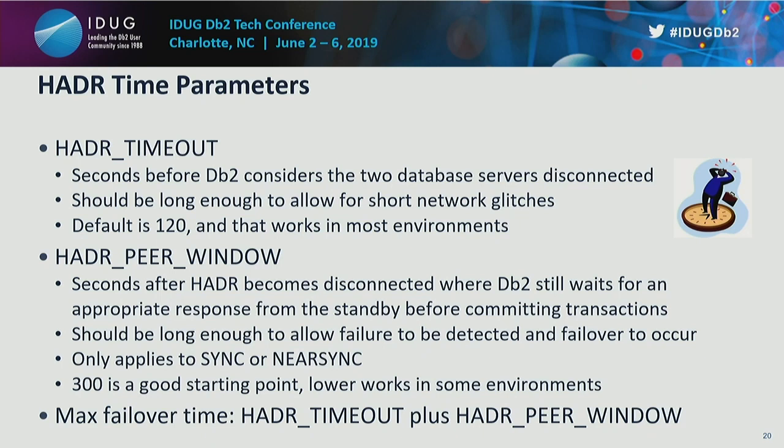So in a problem where you have a standby failure, your time to actually fail over using automatic failover could be the maximum of HADR timeout plus HADR peer window. So in this case, you want to make sure your HADR peer window is long enough to allow for the failure to be detected and for the failover to occur. With HADR peer window, 300 is a good starting point. I've seen this one very low as well in environments where the network is very stable and you have a quick failover. Yes?